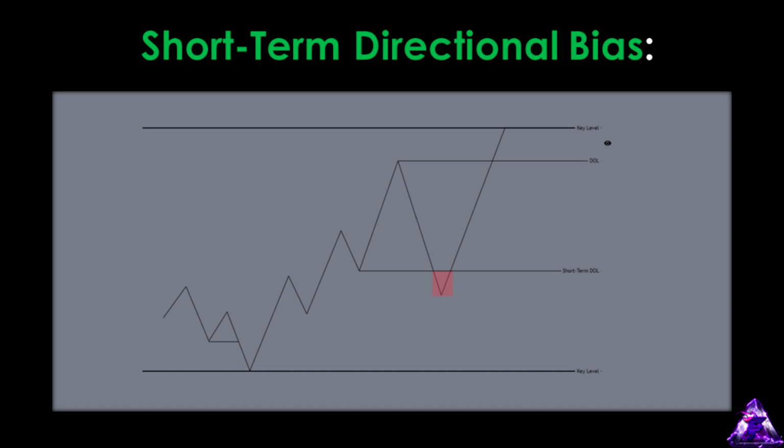This is the reality of the markets and what short-term draw on liquidity is: knowing where the price is likely to go first to make its immediate short-term move before making the major move towards the long-term draw on liquidity. Once that short-term draw on liquidity is reached, your priority then shifts to the long-term draw on liquidity.